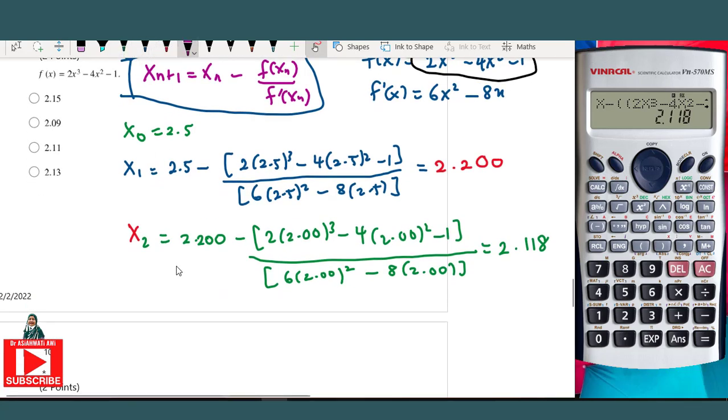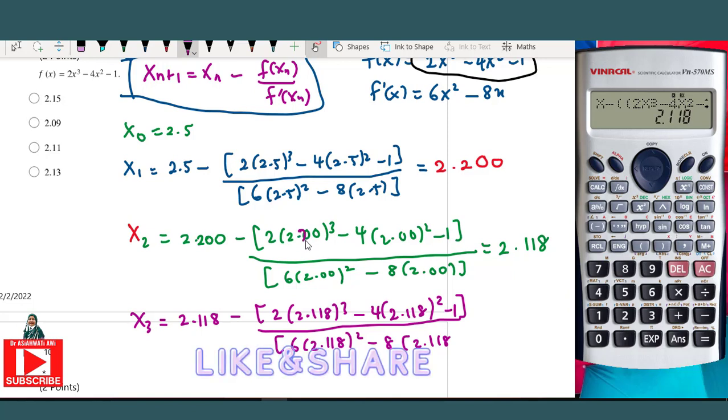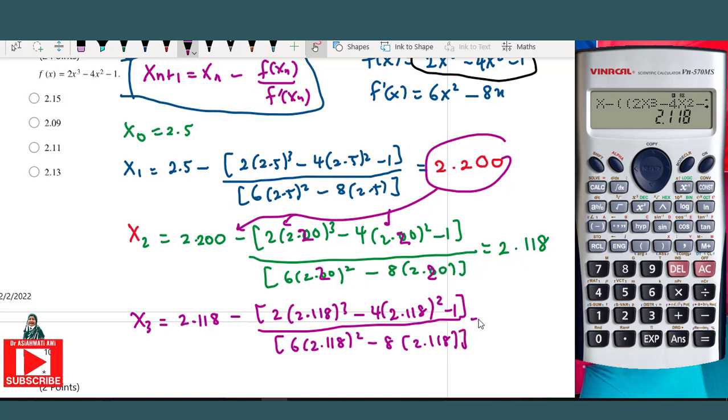Next step, find x3. Here is 2.118 minus 2.118 cubed minus 4 times 2.118 squared minus 1 over 6 times 2.118 squared minus 8 times 2.118. Close, then calc, and in here 2.118.